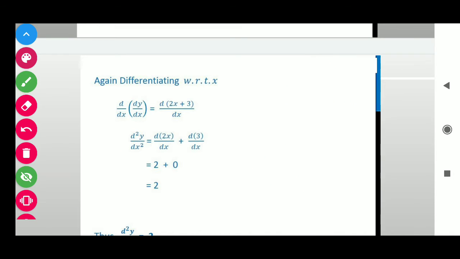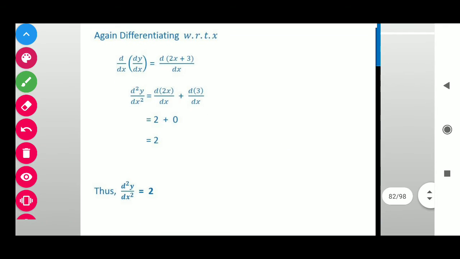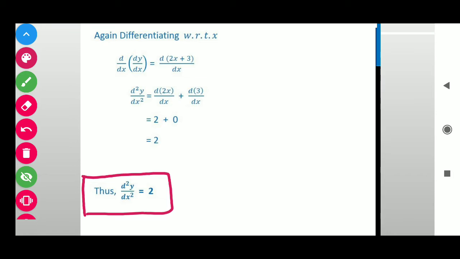You have to write d square y over dx squared, and again here we have the function 2x plus 3, and the derivative of 2x is 2 because the derivative of x is 1. 1 into 2 we get 2, and here 3 is constant, so the derivative of a constant function is 0. In this way we get d square y over dx squared is equal to 2. Thus, we get the solution.